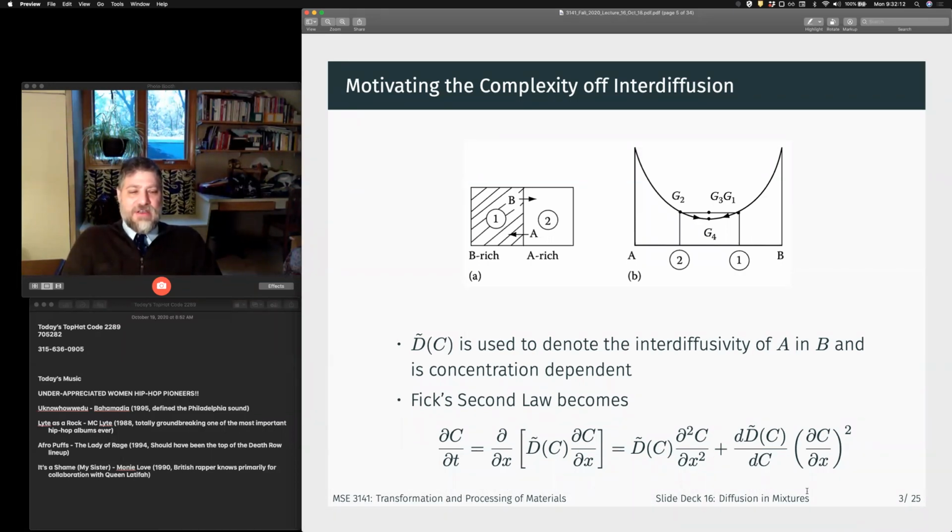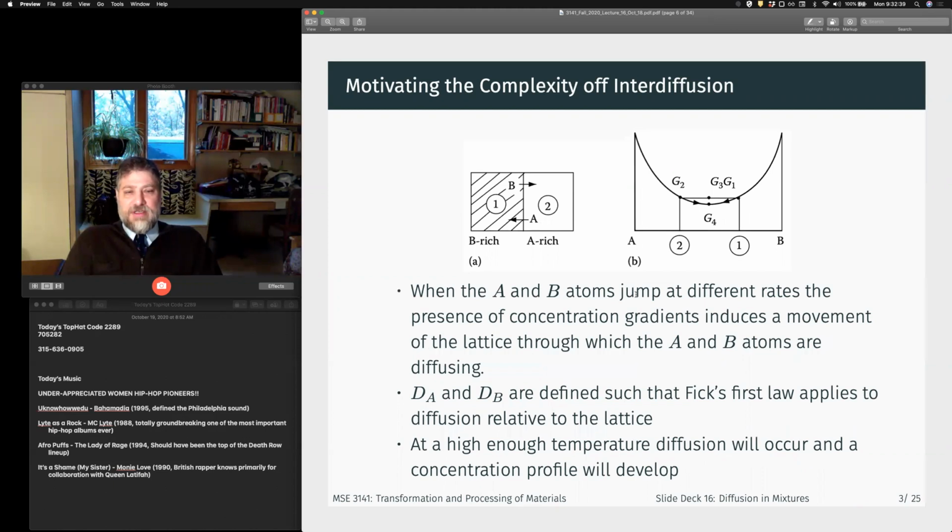This can only be solved numerically, right? So that's sort of another way. It also means that because of this complication, it's really hard to measure these diffusivities experimentally. So these are all sort of complications, right?